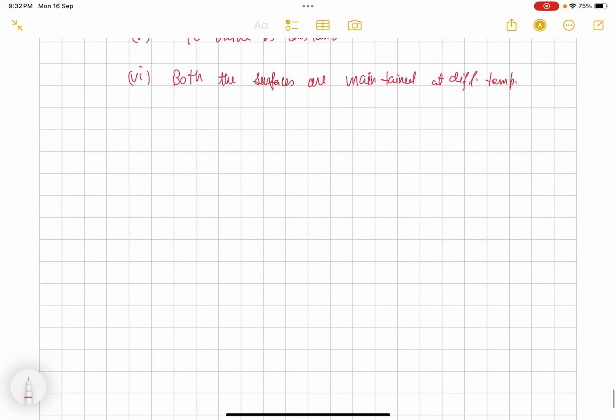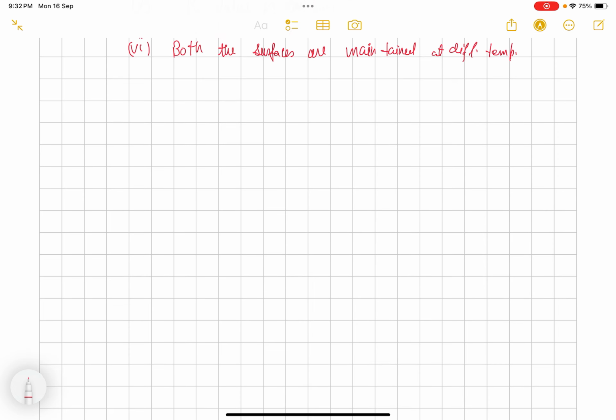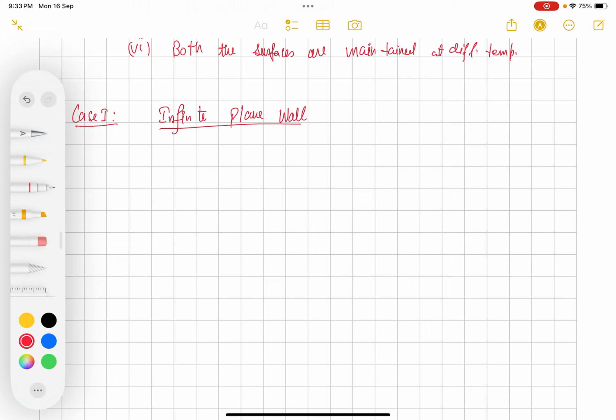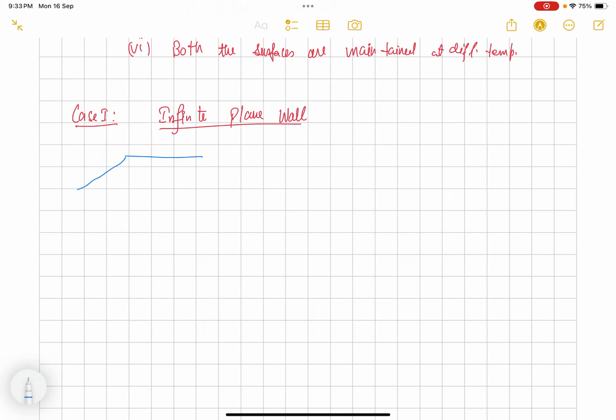Okay, so let's start with plane wall. Infinite plane wall or infinite slab, also we can call it infinite plane wall. So what is the meaning of infinite plane wall? We can give an example like the wall of a building.